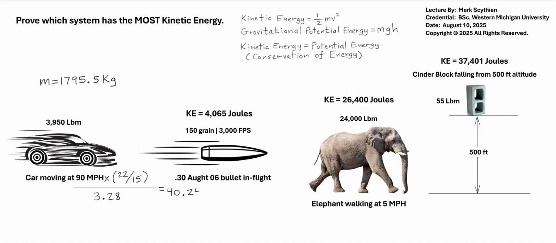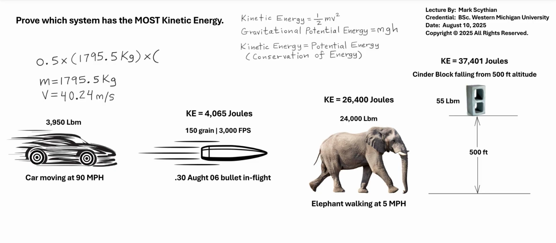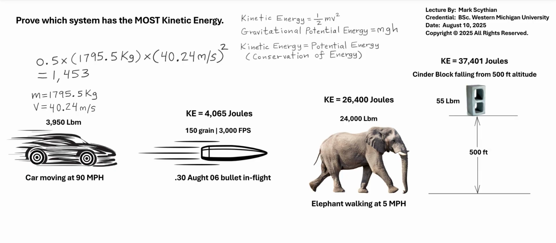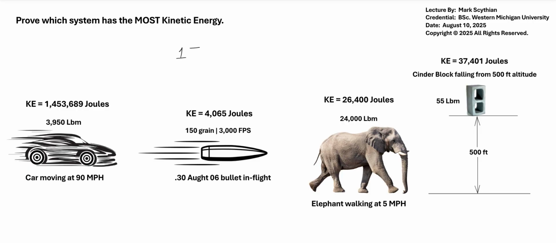That yields the feet per second, then divided by 3.28, so 40.24 meters per second. So now we can calculate the kinetic energy of the car moving at 90 miles per hour with a weight of 3,950 pounds. So this becomes 1,453,689 joules.